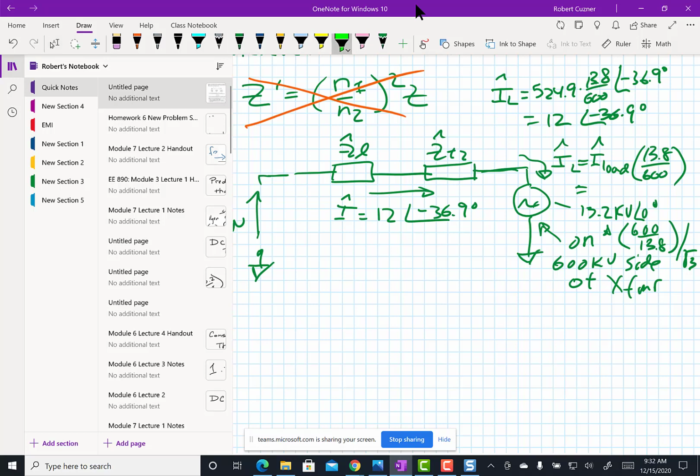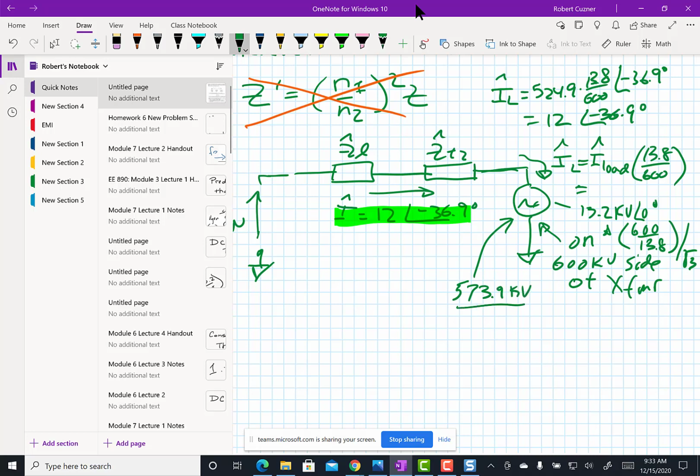So, cleaning up, this is what I need to know. The voltage right here I need to know. That voltage is 13.2 kV times 600 divided by 13.8. So that's 573.9. So you can tell that nominally I have a 600 kV system, but there's quite a bit of voltage droop getting to the other end.